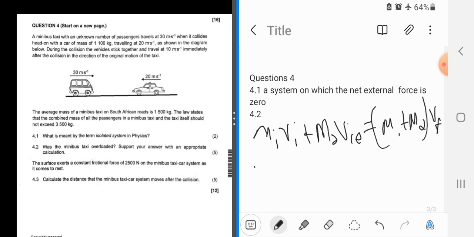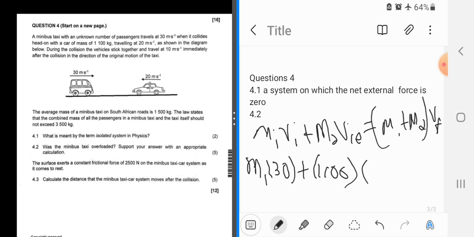So the minibus taxi will be 1. Sorry, this is not momentum, it's mass. We don't have the mass of the taxi, only its velocity, and the mass of the car is 1,100, and it's traveling at 20 meters per second.